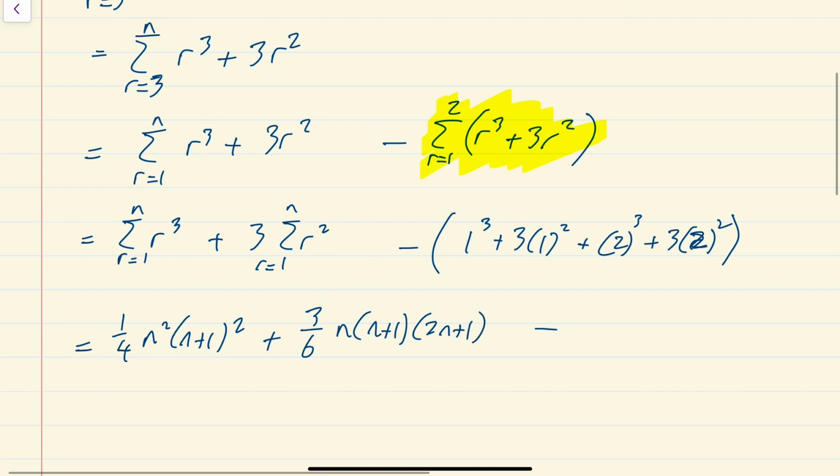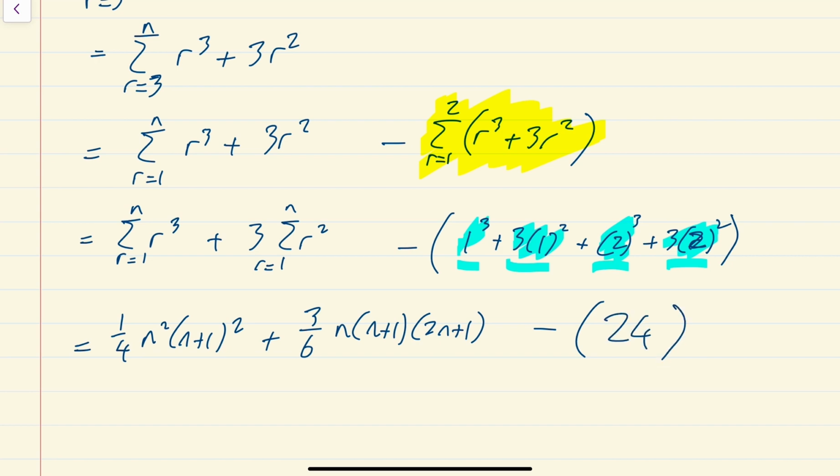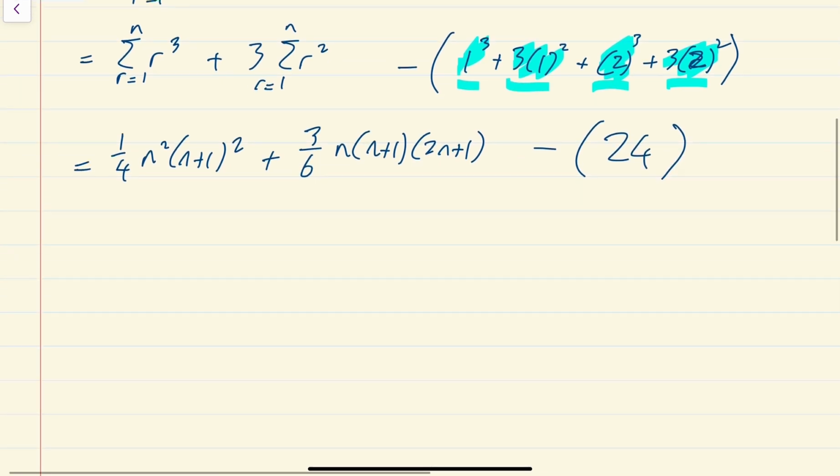And then over here, let's just tidy it all up. This bit is just going to be 1 plus 3, and then plus 8, and then 4 times 3 is 12. So 12 plus 8 is 20, plus 3 plus 1 is going to be 24. So we have a minus 24 here.